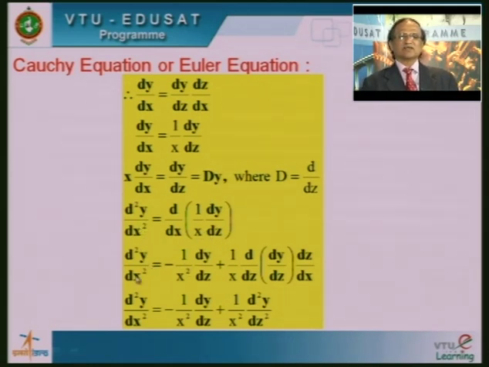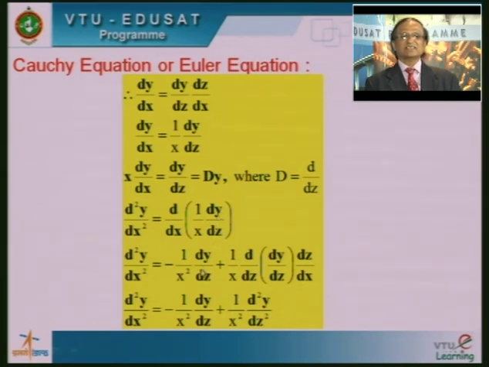How am I going to differentiate? So, d square y upon dx square is as it is, that is equal to, I am going to differentiate 1 by x. So, what is the derivative of 1 upon x? Derivative of 1 upon x is minus 1 by x square. Is it clear? Right.